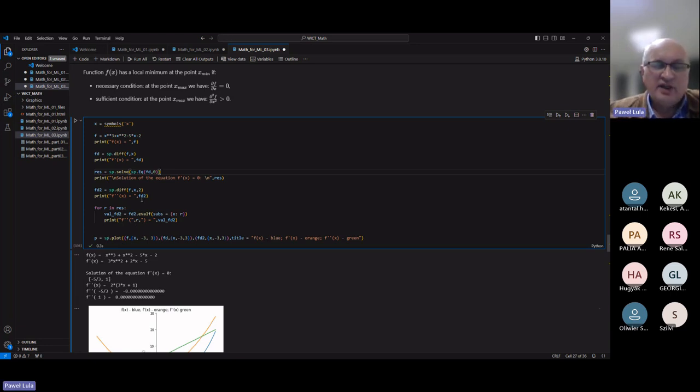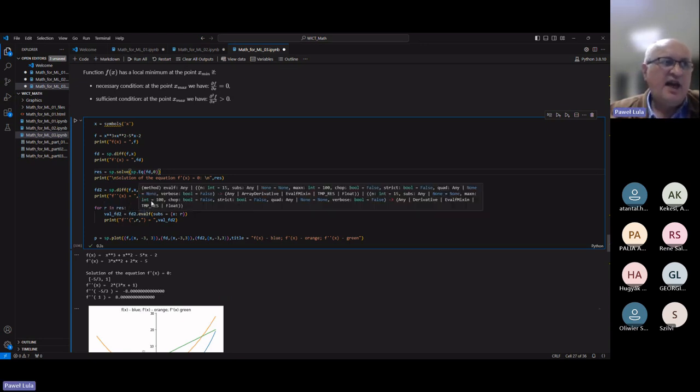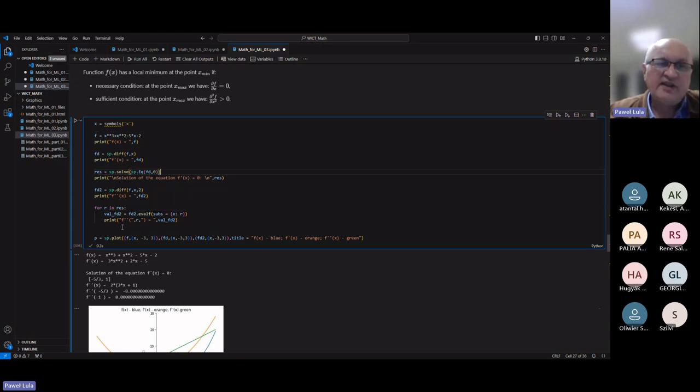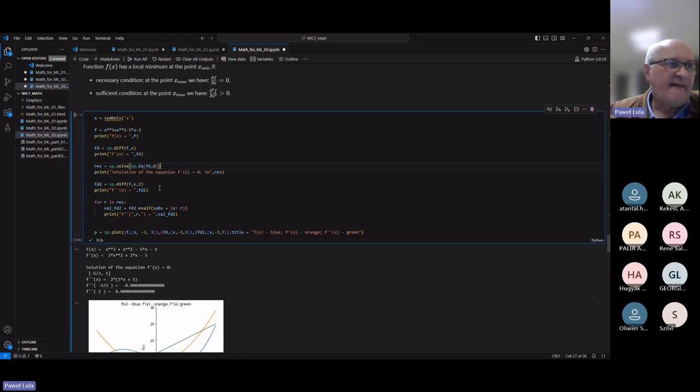Now I calculated the second derivative, and I calculated the value of the second derivative at points at which the first derivative was equal to 0. These points I have here in this res list.